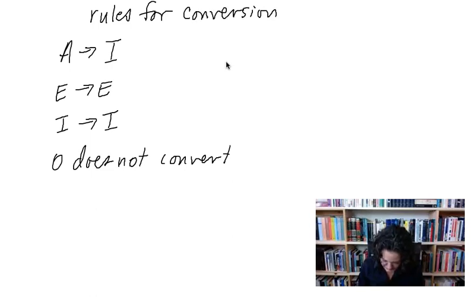Converting A statement. Okay, so what this looks like, I'll use blue. A is all S is P. Now we're going to change it to I because this little p is, so we have a universal S and this p was particular. We need to keep that p particular. So I, remember, is PP, particular, particular.